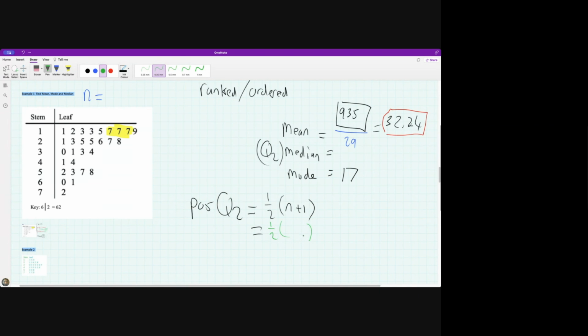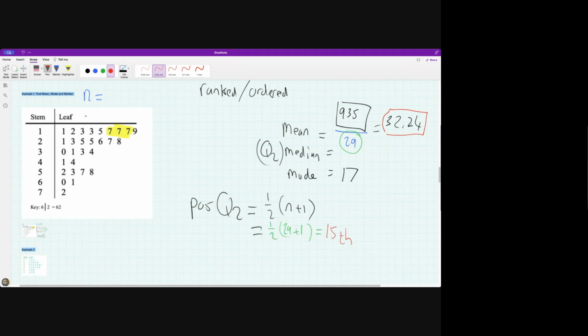Now, what is n in this data set? n is 29 because there were 29 items in the data set. So the position of the median is going to be 30 times a half, which is 15th.